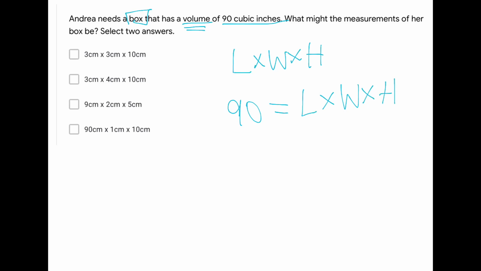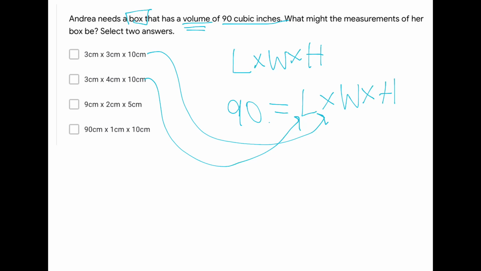So you're going to plug in this for your length times your width times your height. If you get 90, you're going to check that box. If you don't get 90, don't check it. Then you're going to plug in the next one. When you solve that, if you get 90, check your box. If you don't, don't check it. Then plug in the next one, and do the same. Finally, you're going to plug in the last one for your length times your width times your height.